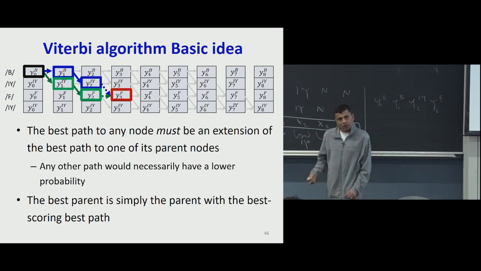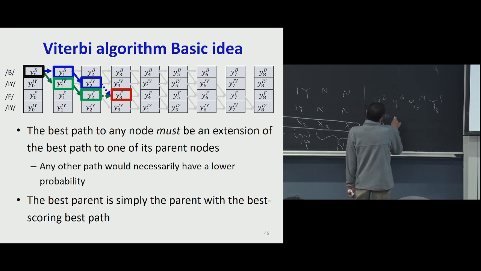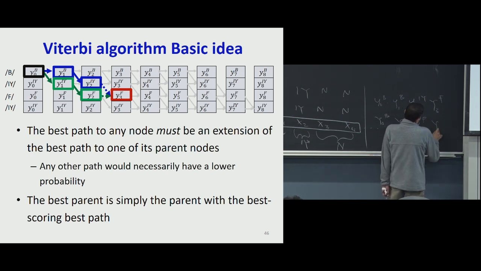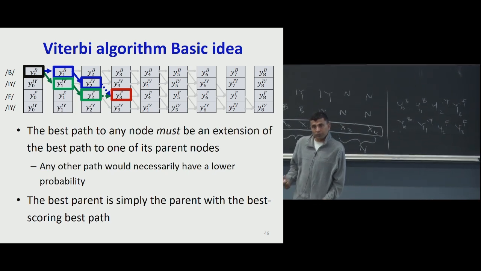So the best path is either going to be this guy with this probability, or the other one was y0b, y1e, y2f, y3f. So how do I pick among these 2?